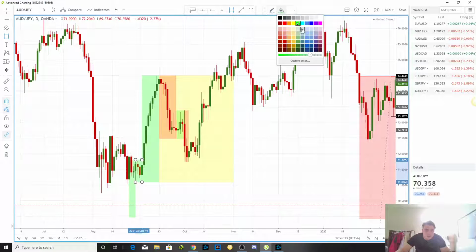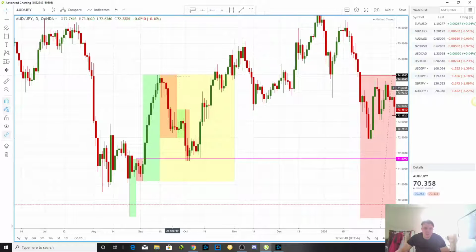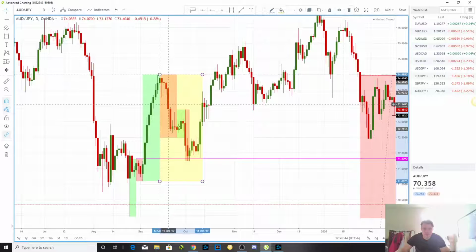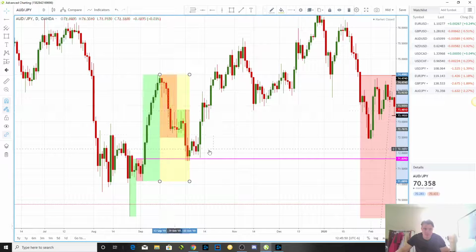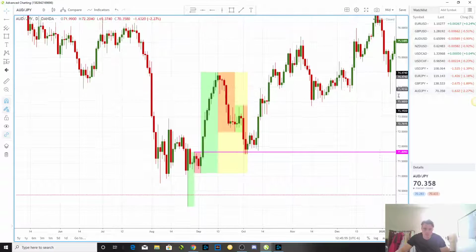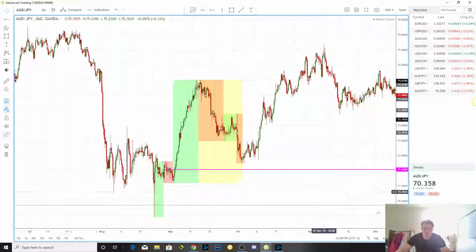So red. So, for instance, according to this, we haven't broken inside this yellow box. Until this happens right here, we haven't had a close outside of this green box here. So we can't, the idea is, oh, come on, piece of shit.